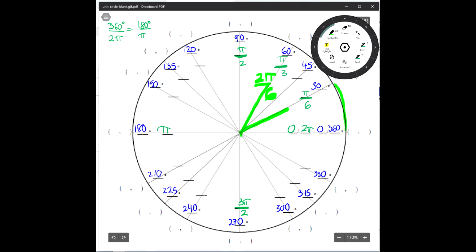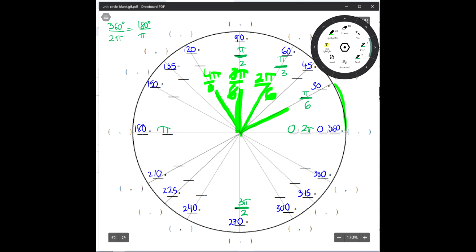And keep going with that. This right here will be 3 pi over 6. And when I reduce 3 and 6, yes, it gives me back pi over 2. Keep going. The next one will be 4 pi over 6. Can we reduce it? Yes.